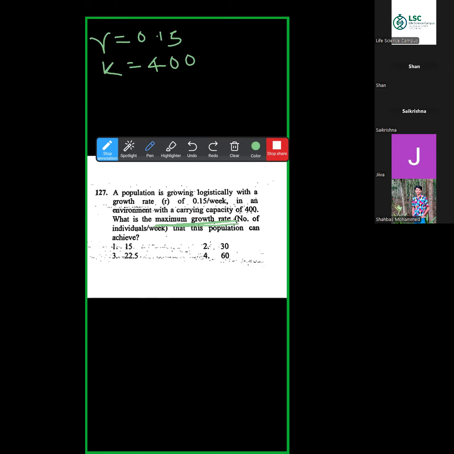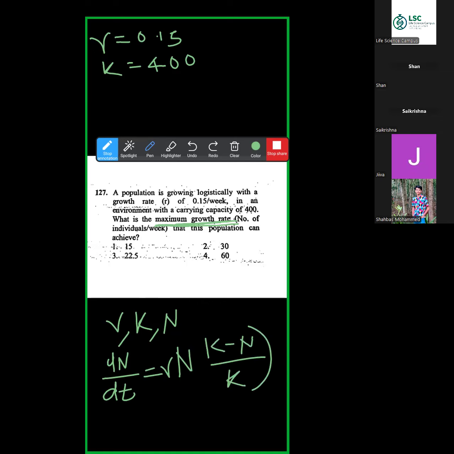They have not given the N value. But for finding out growth rate, we have to know the R value, K value, and N value, and we can substitute these values into our equation. Our equation is delta N by delta T is equal to RN into (K minus N) by K. So by knowing these three terms, we can find out the growth rate.